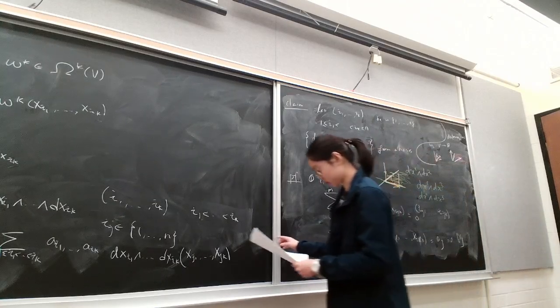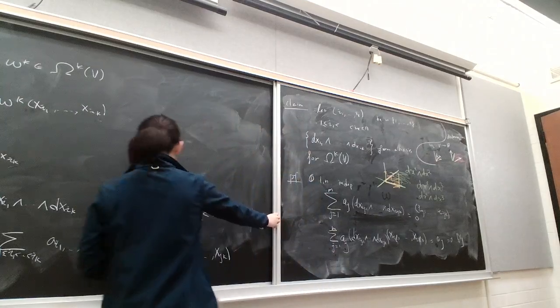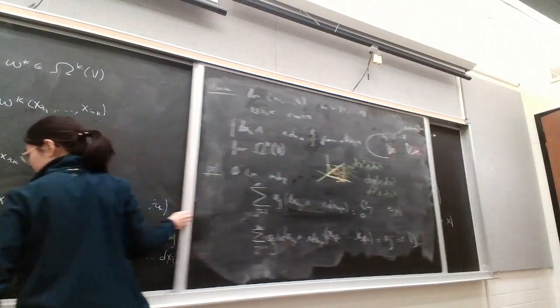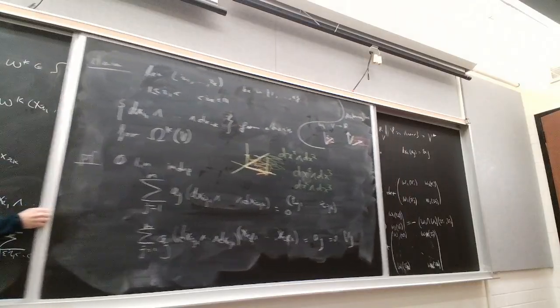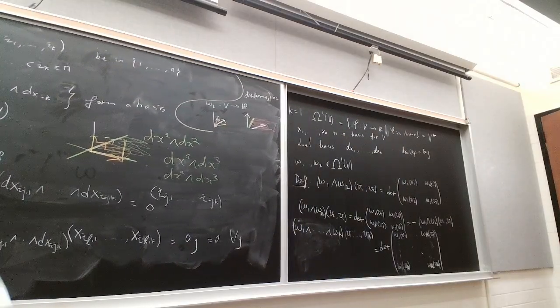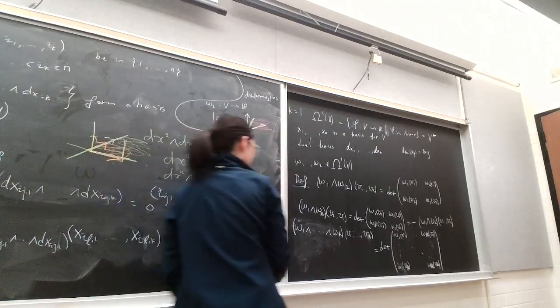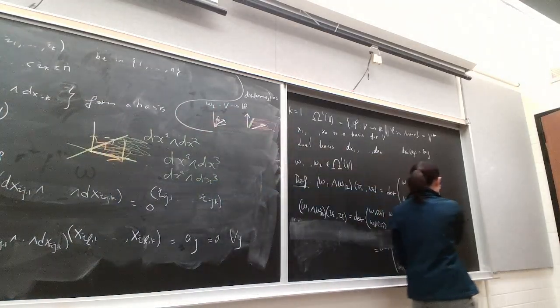In this case, I have 3 choose 2, right? How many distinct parallelograms do I have in a 3-dimensional space that are completely distinct from each other? And that's that.